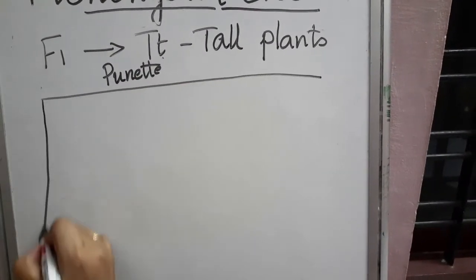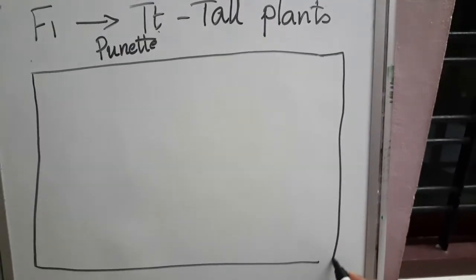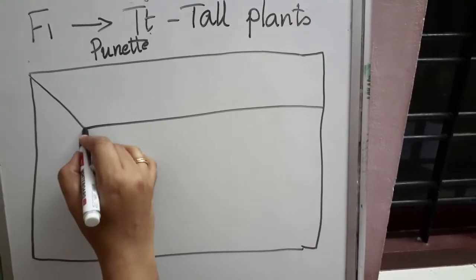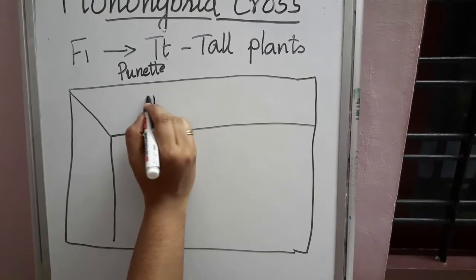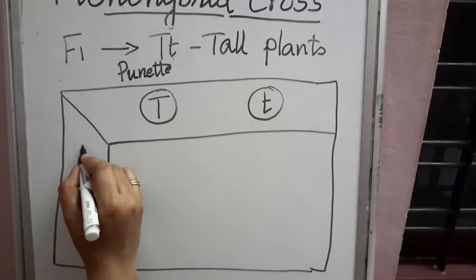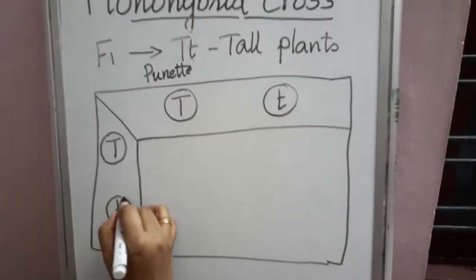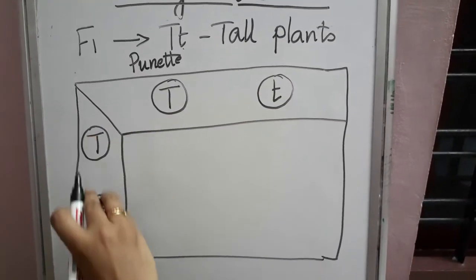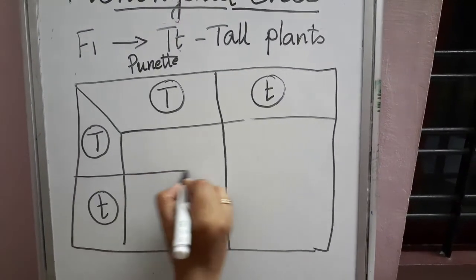Just draw it. On this side we write the gametes, capital T, small t, on both sides, one plant here and another plant here.